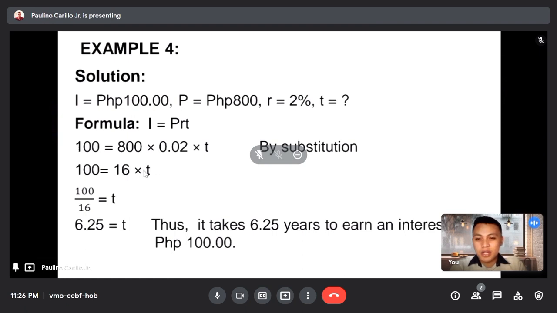Then to get the value of T, just divide both sides by 16 and we get 6.25. Thus, it takes 6.25 years to earn an interest of 100 pesos. Okay, understand?